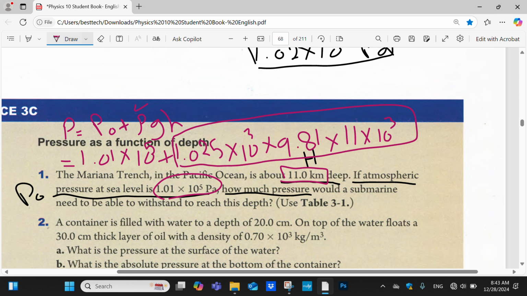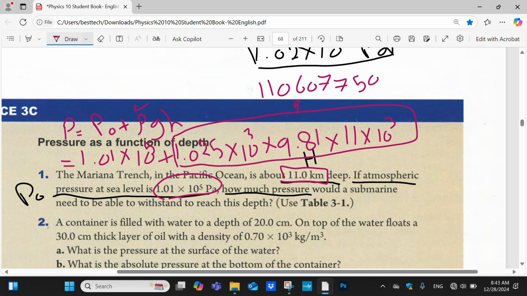The answer of the right side has become 1.1 times 10 power 8 approximately, 70750.